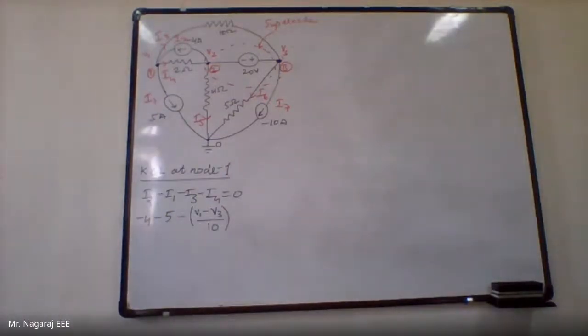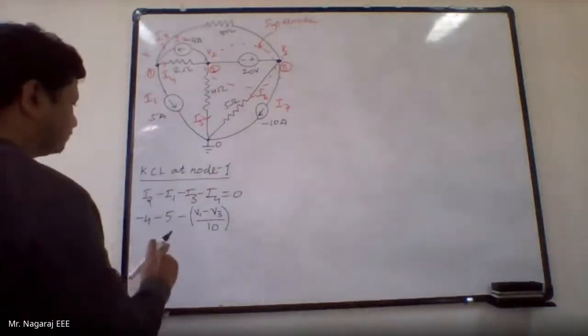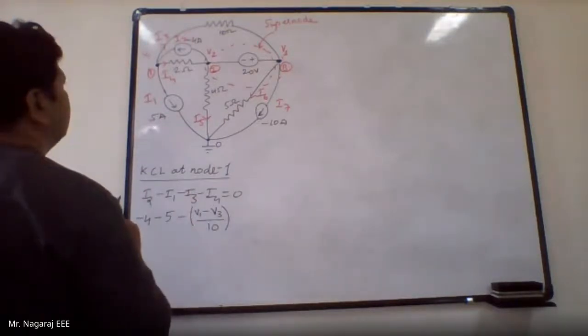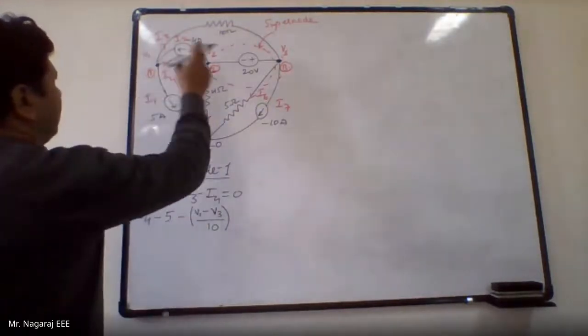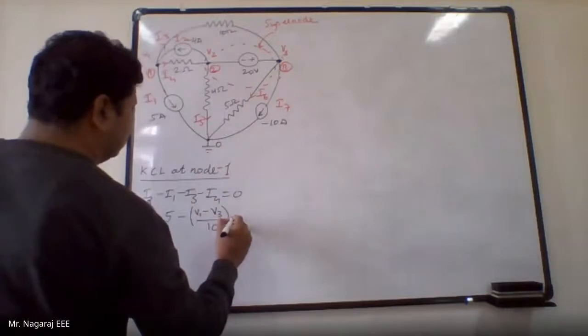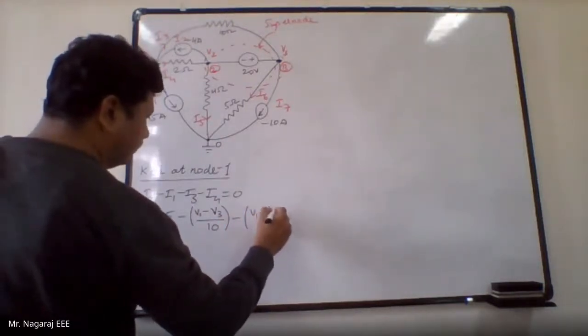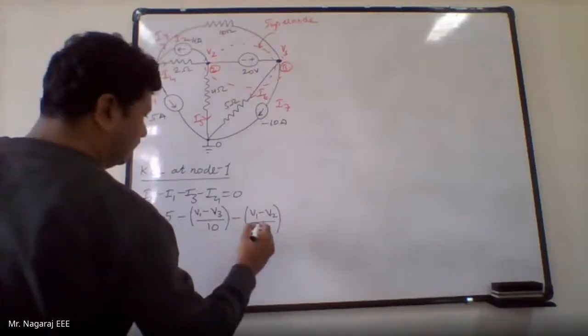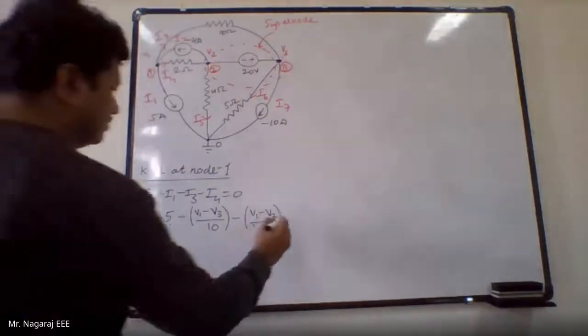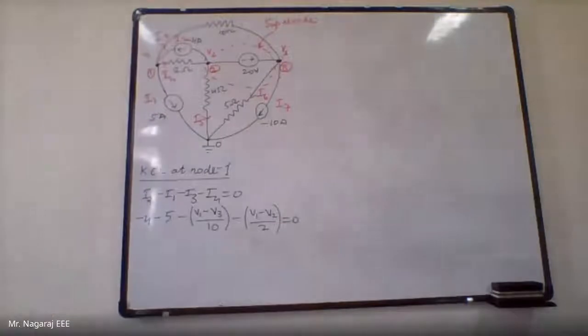And I4 is between V1 and V2, so this is minus (V1 minus V2) divided by 2 is equal to 0.